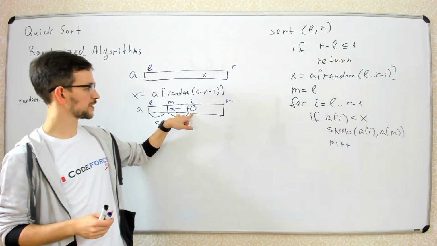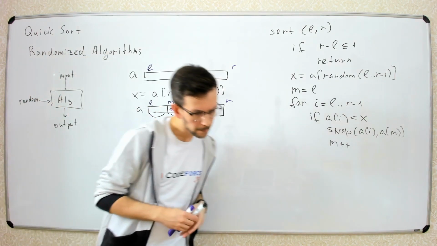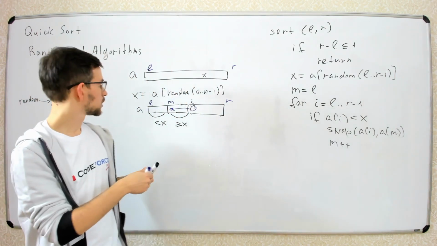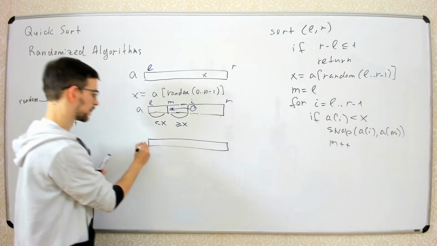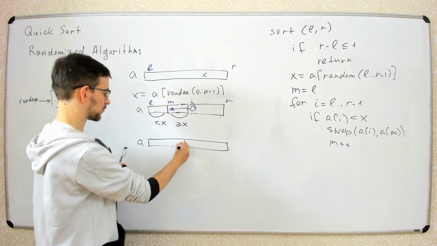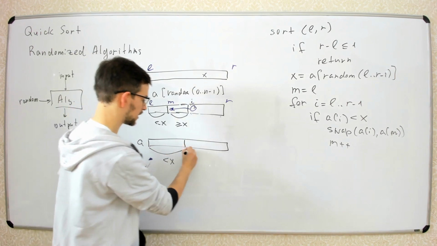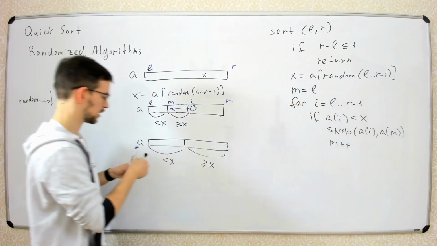That's all of the splitting procedure. Go from left to right, take the element, put it here. So in the end, we will have the array split into two parts: these elements less than x, these elements greater or equal than x.